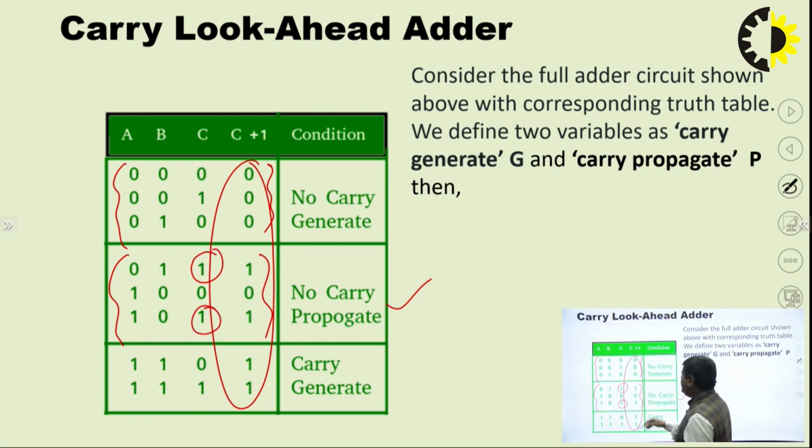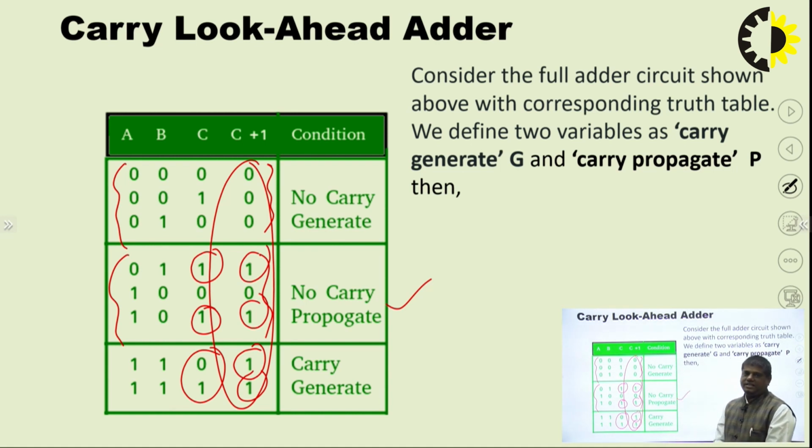This carry output depends upon its previous carry. That is the main propagation delay. And for these two conditions, carry is generated, and it is not dependent upon the previous carry.